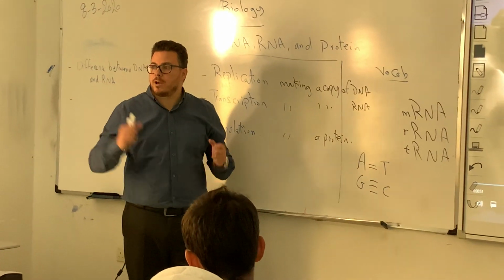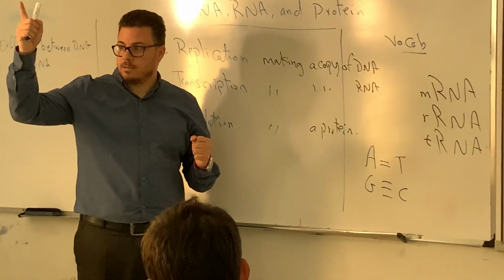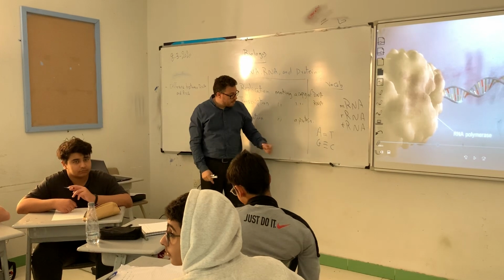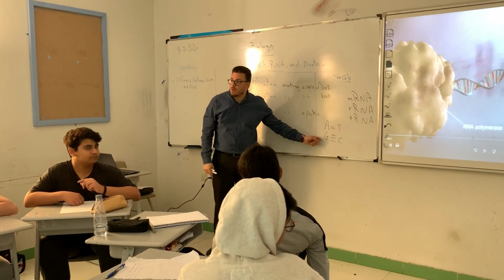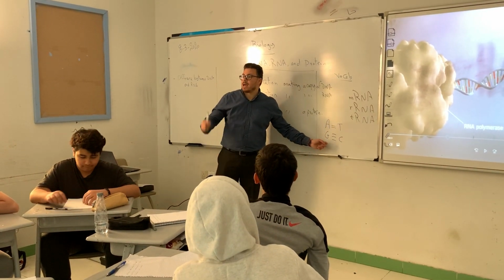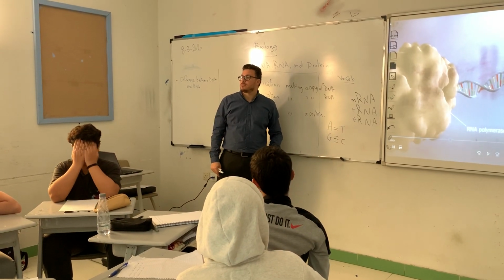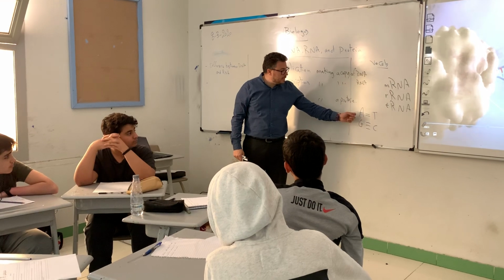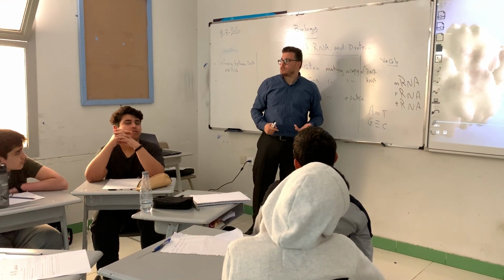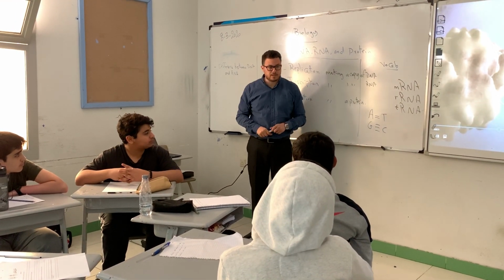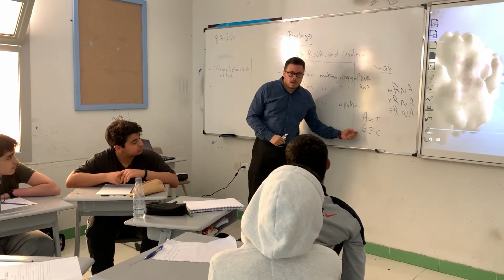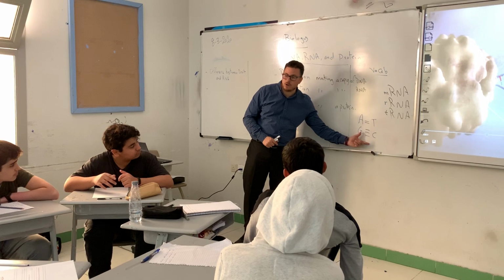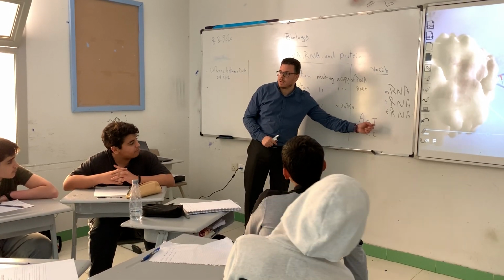It means that the strength, guys, are you with me? Okay, listen to me carefully. The guanine cytosine relationship has how many hydrogen bonds? Lovely. 3. The adenine and thymine has how many? 2 hydrogen bonds. Perfect. So the connection between the guanine and cytosine is stronger than the connection between the adenine and thymine.